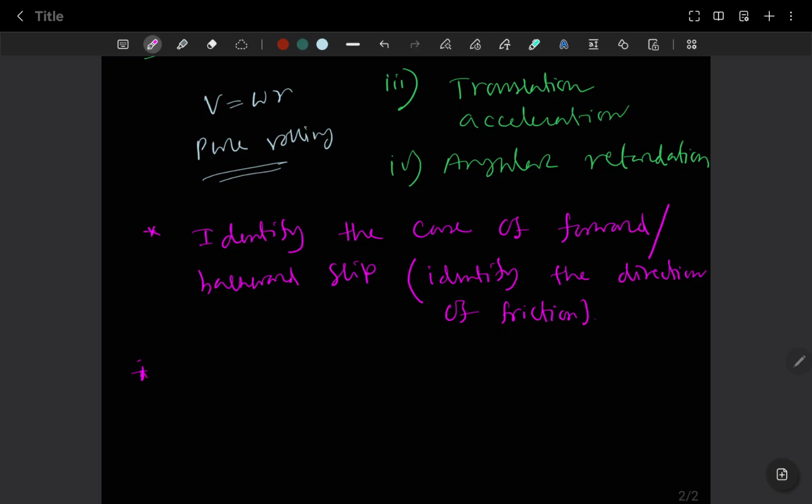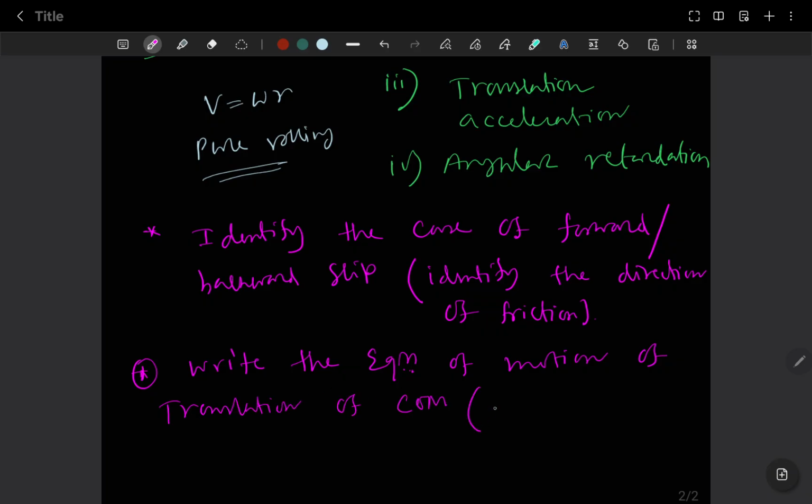Then write the equation of motion for translation of center of mass, which is F external equals M a CM.